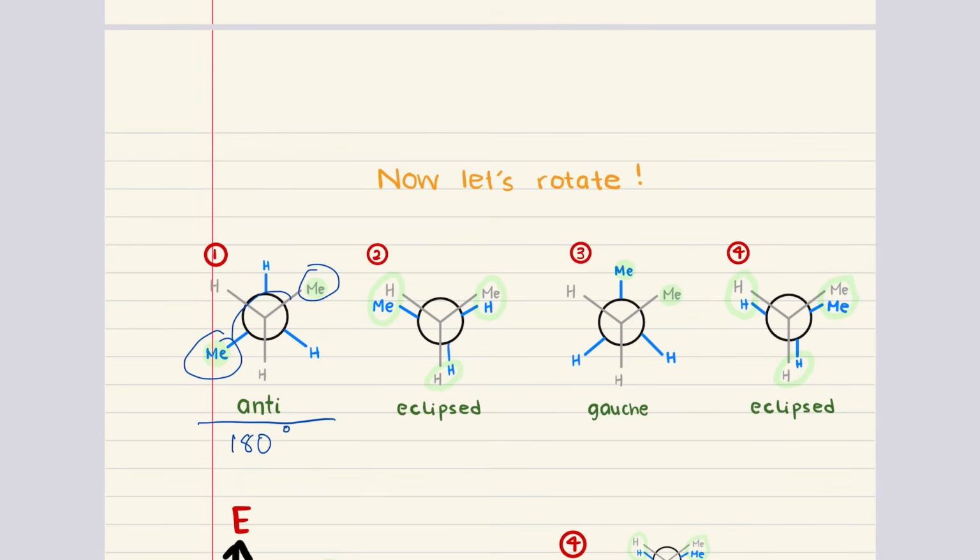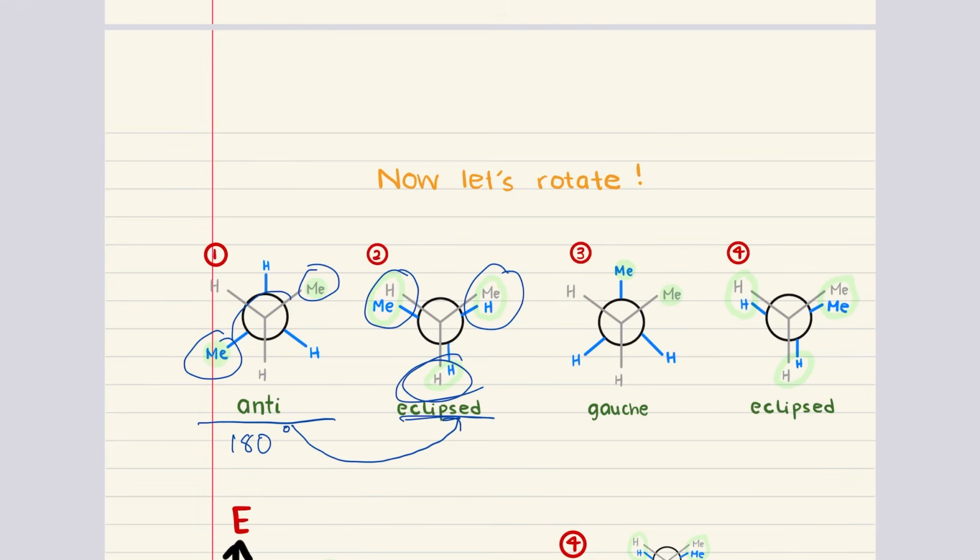Starting from this configuration, if we rotate the single bond by 60 degrees, we move into the first eclipsed conformation. So after a 60-degree rotation from the anti-conformation, now the groups on the front and back carbons align in such a way that a hydrogen overlaps with a methyl group, and the other substituents also overlap as well.